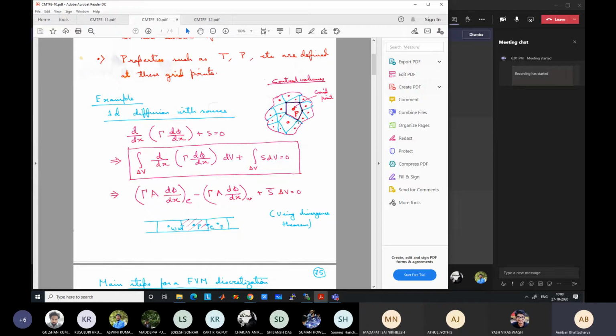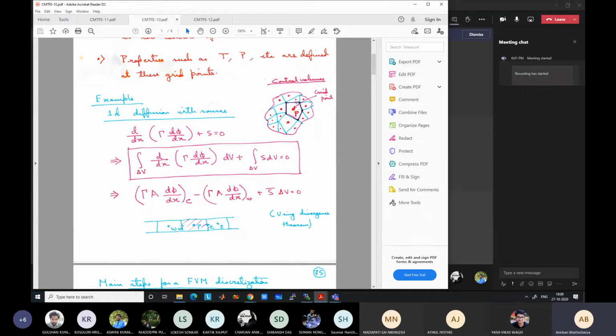All these subdomains, which are called control volumes, are generated when you create the mesh for a problem in a CFD solver or using your own code, where you generate the x, y, z coordinates, or in 2D x and y coordinates, for the vertices of each of the control volumes, and based on the vertices everything else can be calculated.